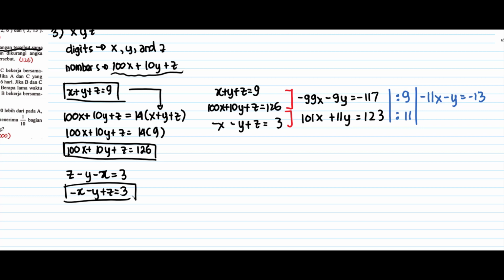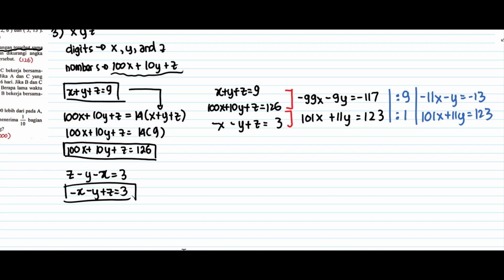Oh, yang bawah nggak bisa guys. Jadi yang bawah biarin aja, bagi 1, berarti 101x tambah 11y sama dengan 123.